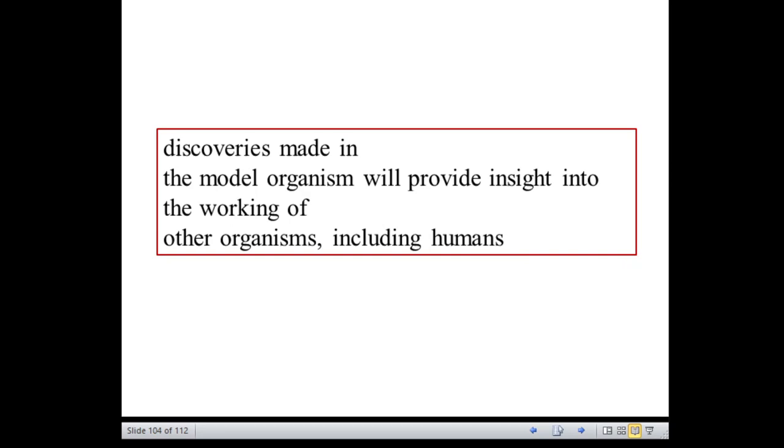And the reasons for selecting them as model system are partly historical. Once a certain amount of research has been put on one animal, it is more efficient to continue to study it rather than starting from the beginning again with another species.